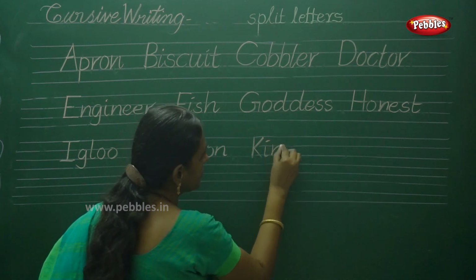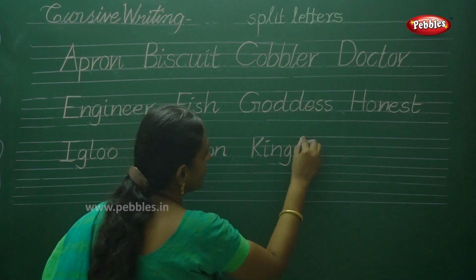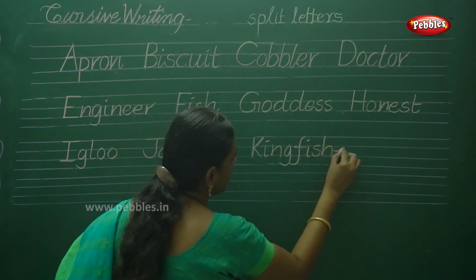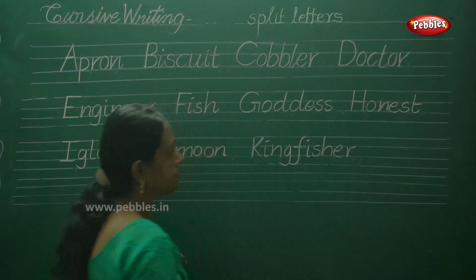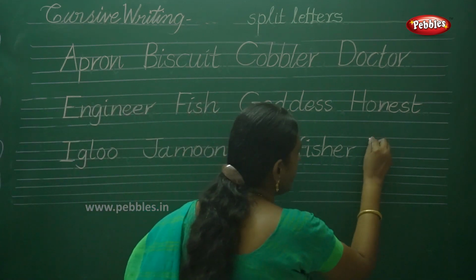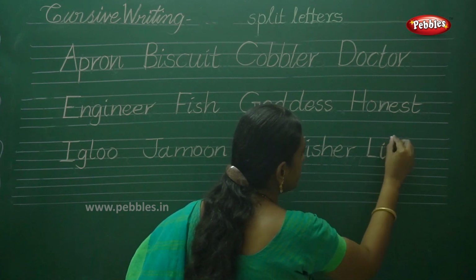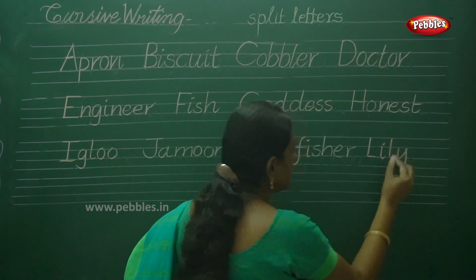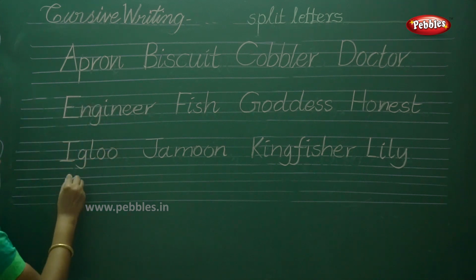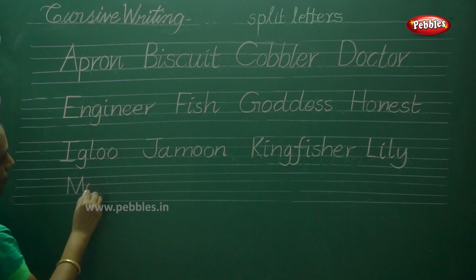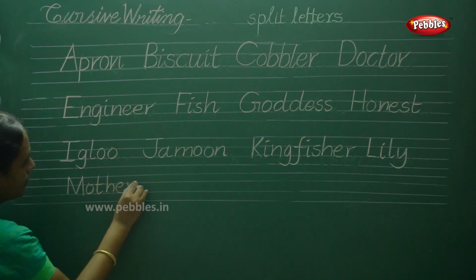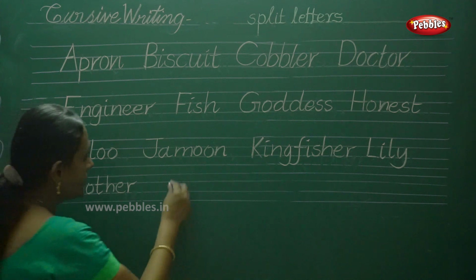Next K, kingfisher. Simple way of writing. Okay, L, lily. And M, mother. Okay, N, nurse.